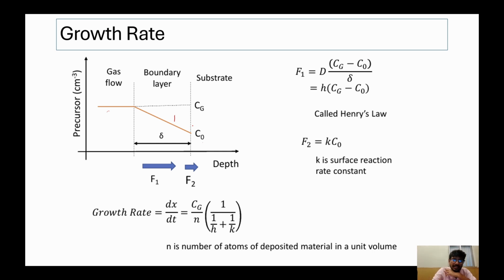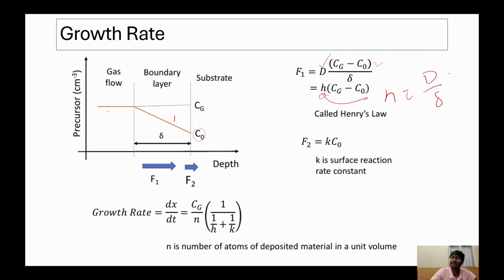So Cg is the concentration of the flowing gas, and C0 is the concentration at the interface. The flux F1 is given by the diffusion coefficient D into Cg minus C0, divided by delta.